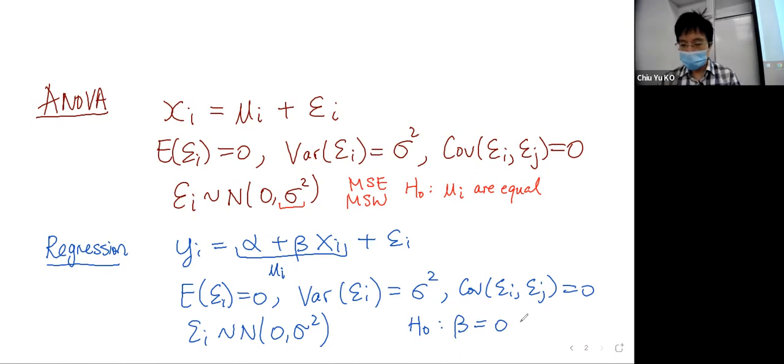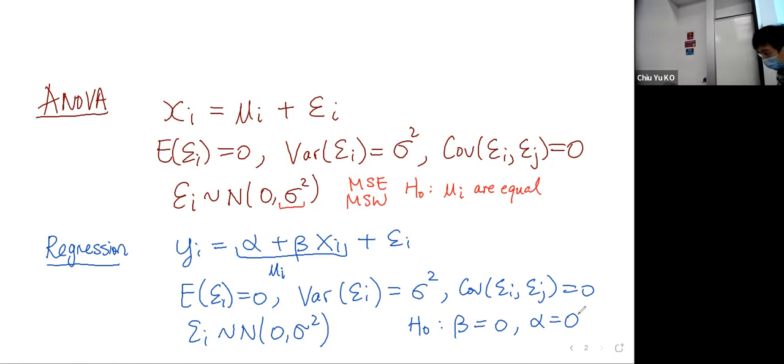Also, sometimes we want to see if alpha is 0 as well, that is, whether the intercept is 0. So you can see the parallel structure of these two.